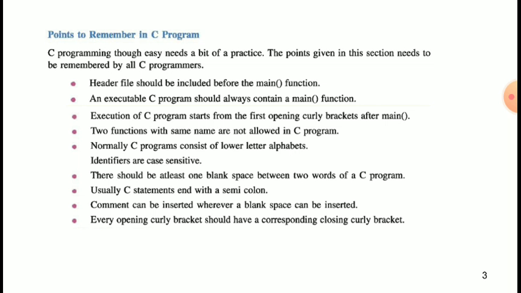Next, comments can be inserted wherever a blank space can be inserted. Next, every opening curly bracket should have a corresponding closing curly bracket. So those are the points to be remembered in C programs.